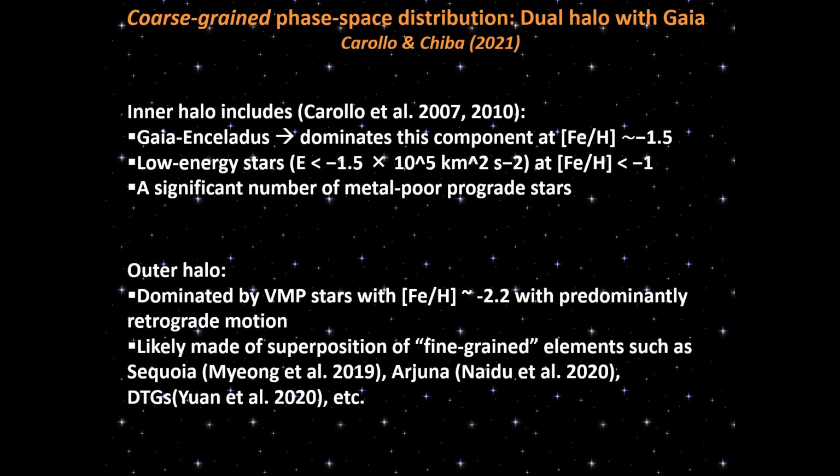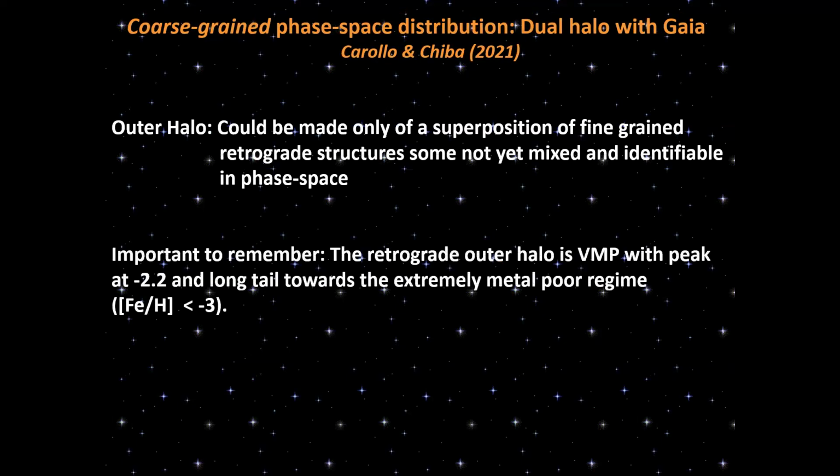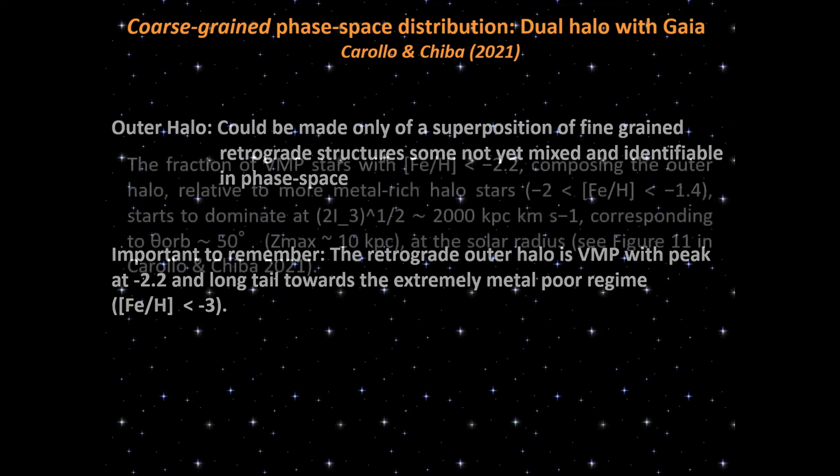It can be completely accreted. But the important thing to remember is that the retrograde outer halo is very metal poor. The peak of metallicity is minus 2.2, and it comprises also many stars with metallicity in the extremely metal poor regime.